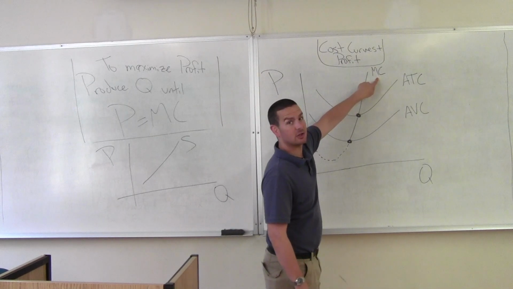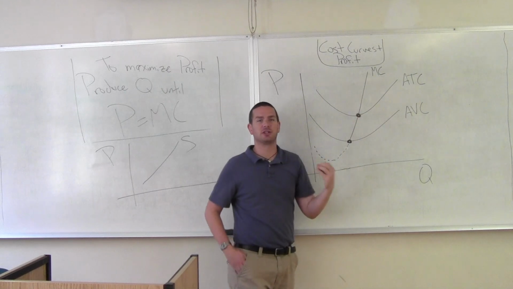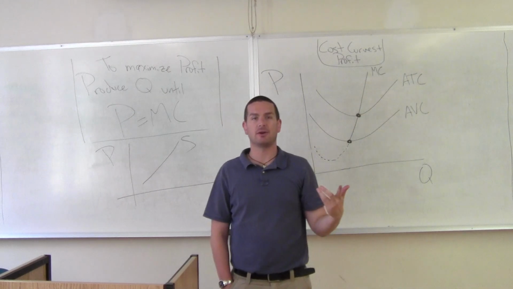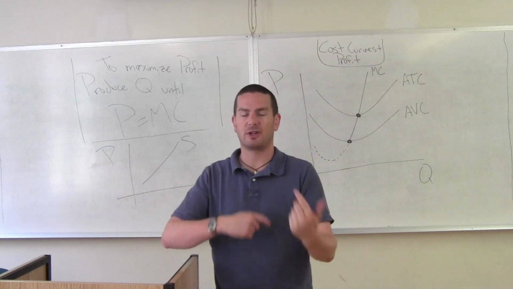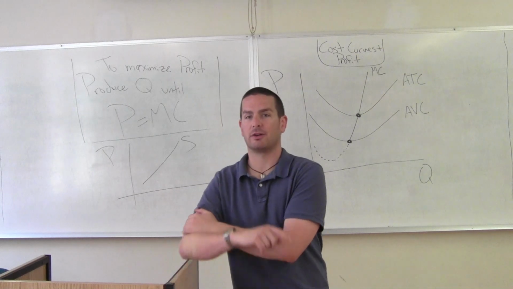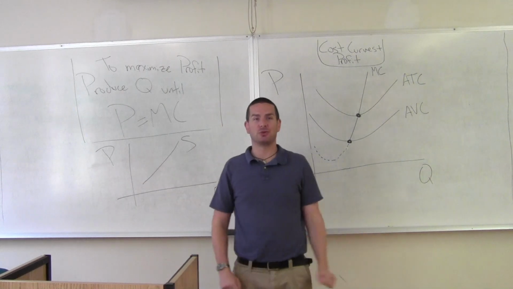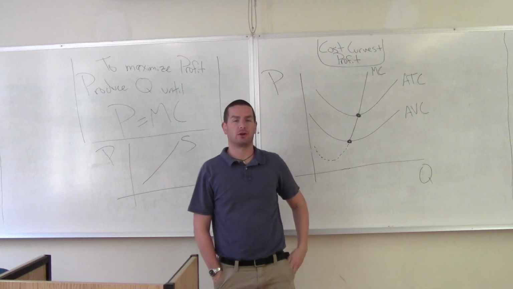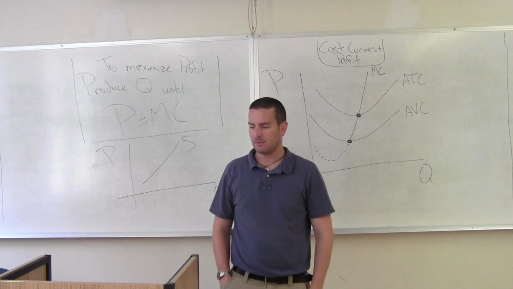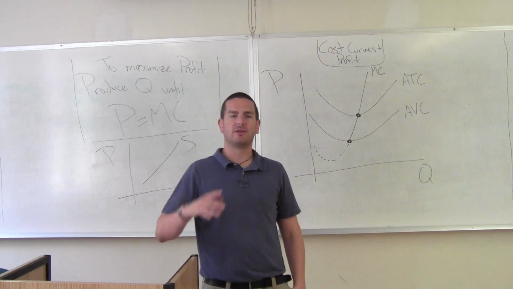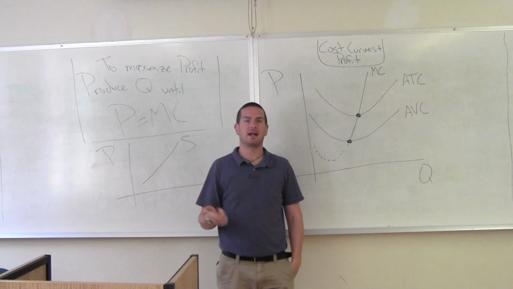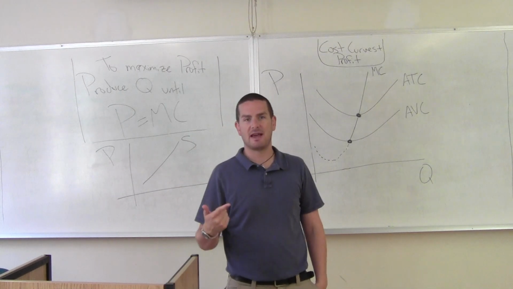So this marginal cost curve is actually, as it turns out, the supply curve. Or if you want to look at it the other way, the supply curve is actually the marginal cost curve. Okay? So we can really start thinking about this now. Let's tie together chapters 6 and 7.